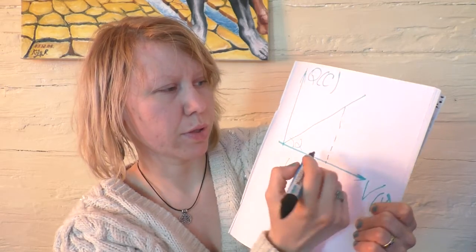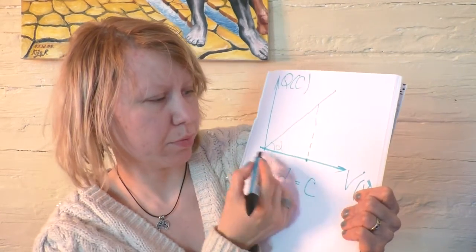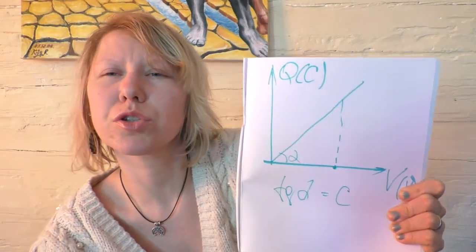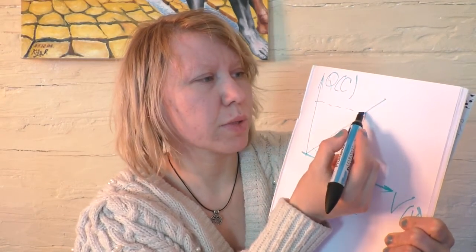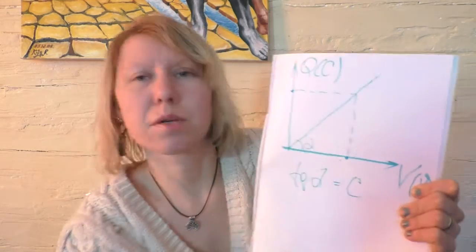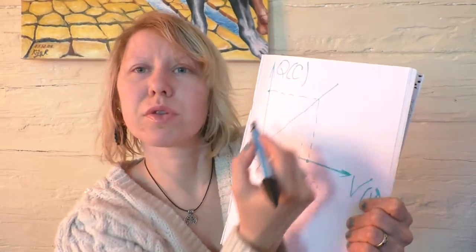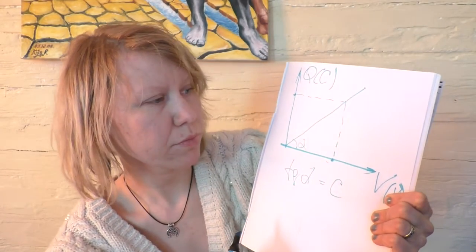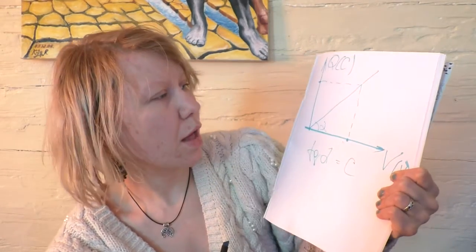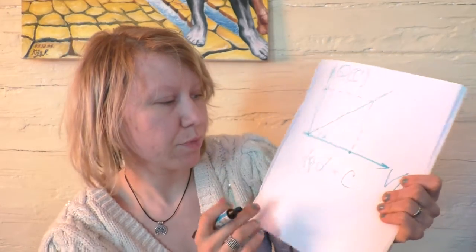If we make such a line, for example, we need this amount of voltage stored by the capacitor, and it means that we can collect this amount of charge, and this depends on this angle. That's also the definition of the capacitor using the graph.